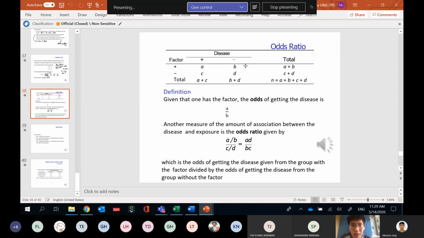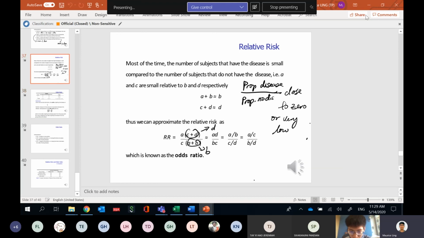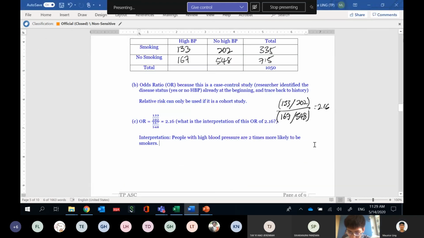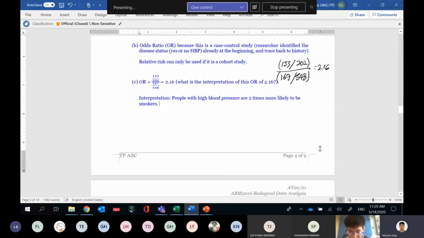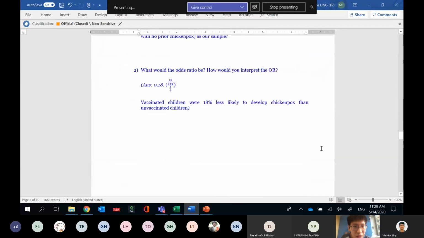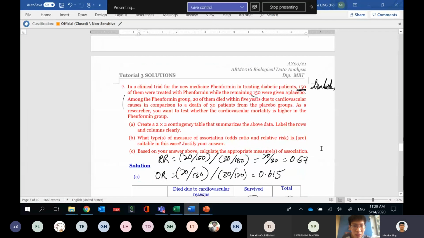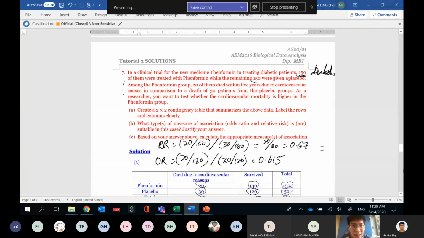Yes, sir. Also, may I ask concerning question 7 of tutorial 3, about the phenol something? Is it necessary for us to include this question in the tutorial?